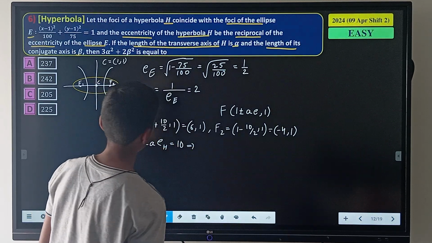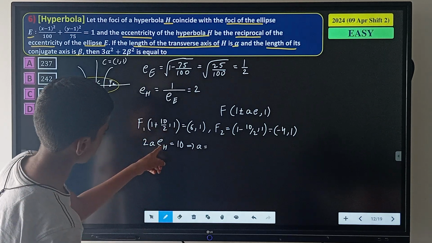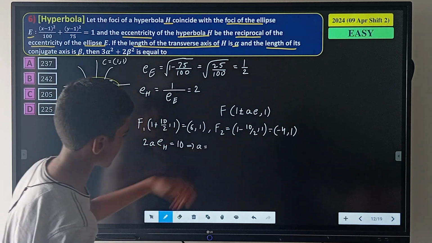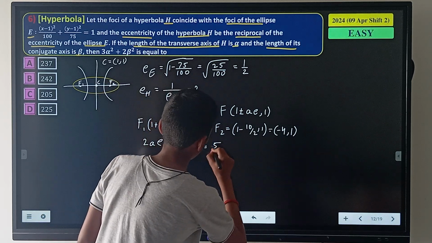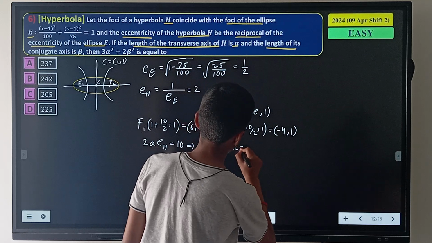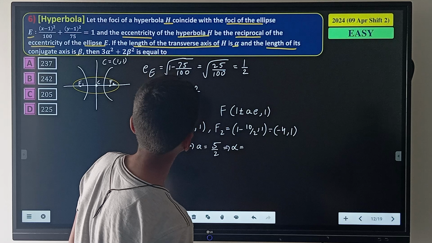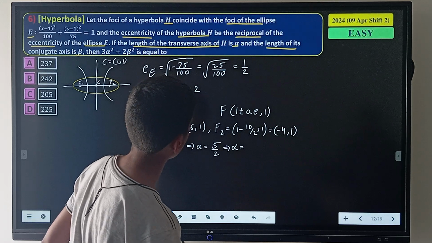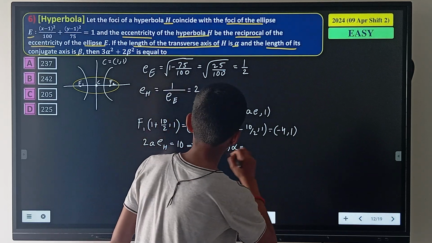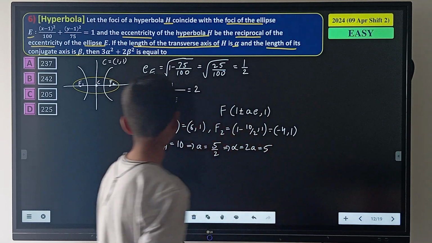So from here, eccentricity of hyperbola is 2, so our a is equal to 5 upon 2. From here our alpha, the length of transverse axis of hyperbola, is equal to 2a, and this is equal to 5.